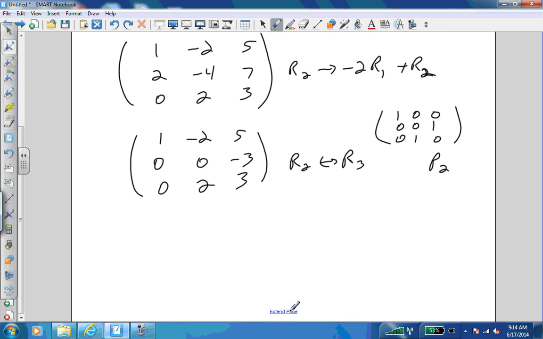Now keep in mind, we've done multiple permutations. So we could actually come up with a permutation matrix that is the combination of both of our permutations, our first permutation and our second permutation.